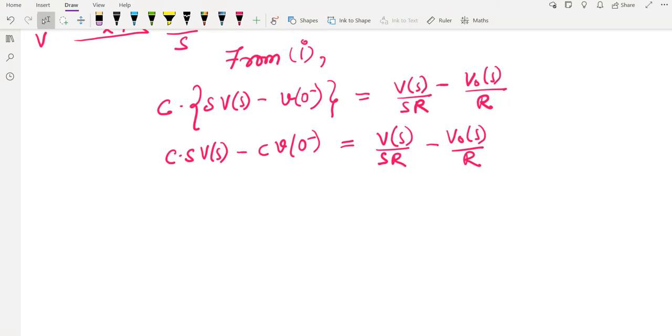Let us consider the voltage across the capacitor to be Vc, suppose Vc of s. So we need to write here Vc at 0 minus.